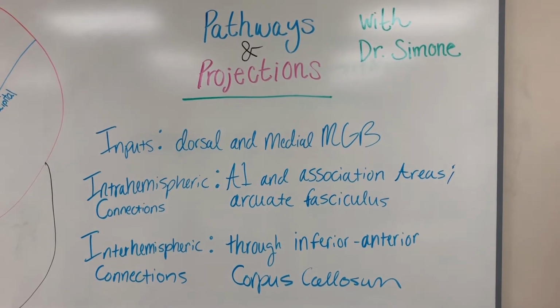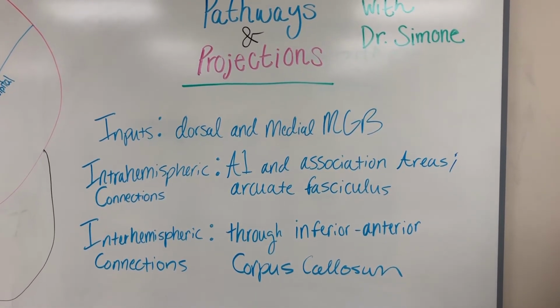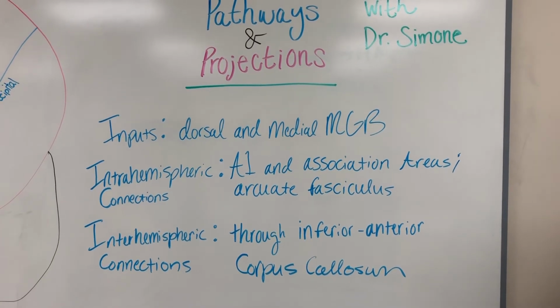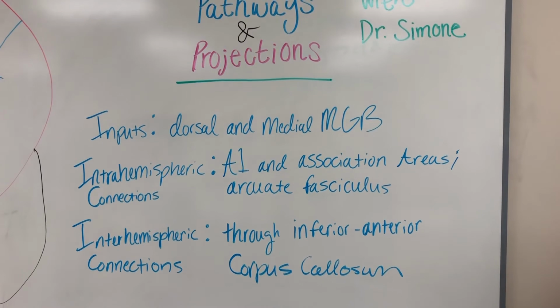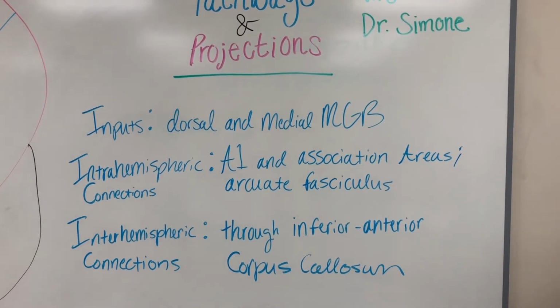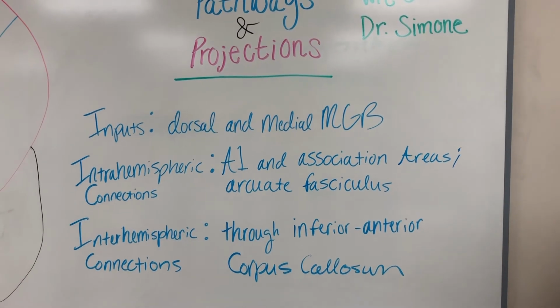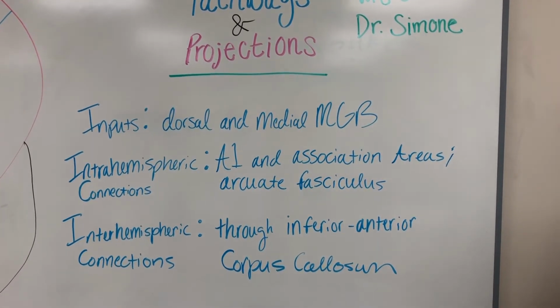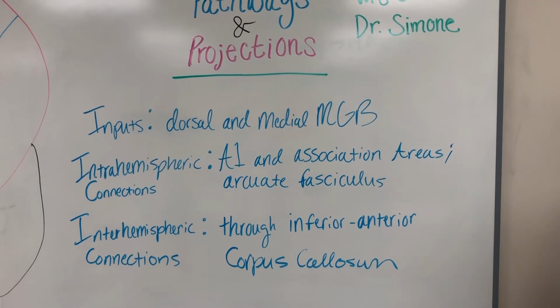The intrahemispheric connections include the arcuate fasciculus that connects the A1, or auditory area 1, and other association areas. The interhemispheric connections are the corpus callosum, and it connects both hemispheres via the inferior anterior portion of the corpus callosum.